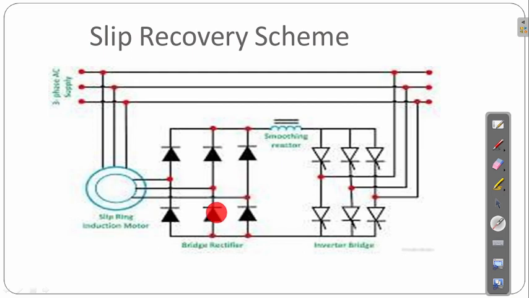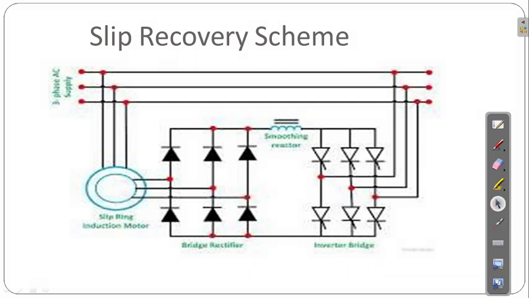And it will go to a bridge rectifier. Then it will go to the inverter. This inverter will return that AC again to the power supply. This is the slip power recovery scheme with this bridge rectifier and that inverter.